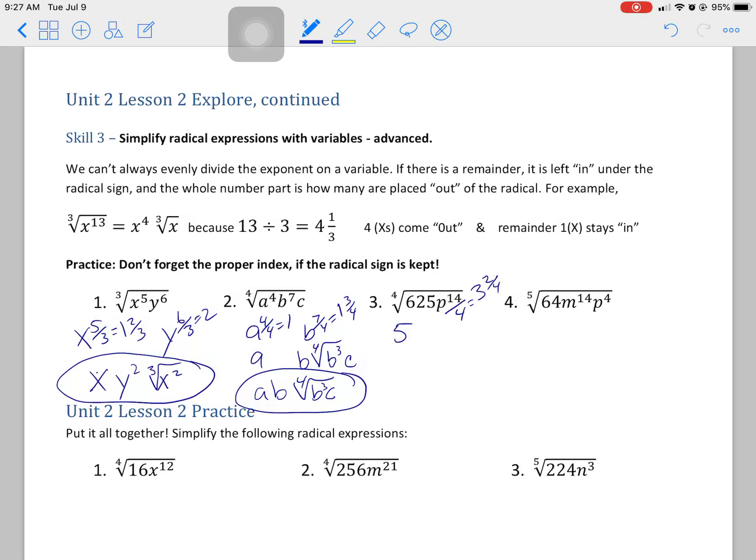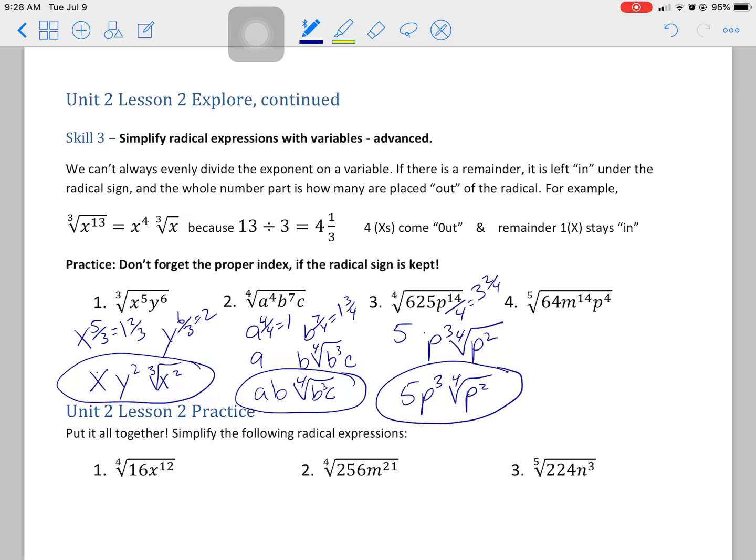But the important part is we're taking 3 p's out and we're leaving 2 in under the 4th root. So that is really my answer, 5p cubed. Be careful when you write them. Be very clear that your instructor can understand what's an exponent and what's an index. Neatness is going to matter. You don't want them mistaken for something else. So please be clear when you're writing.